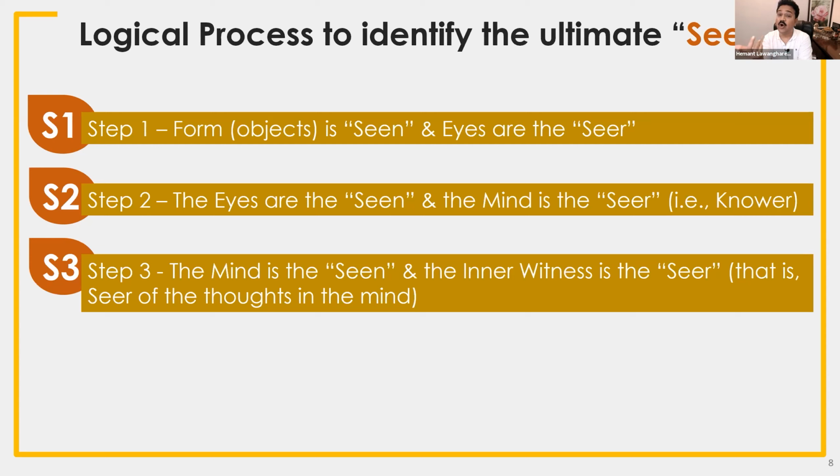So now who is the object here? Who is the known? My mind is now known. And who is the knower? So my inner witness, my consciousness is the knower. So I have a consciousness, and that consciousness is observing my mind.